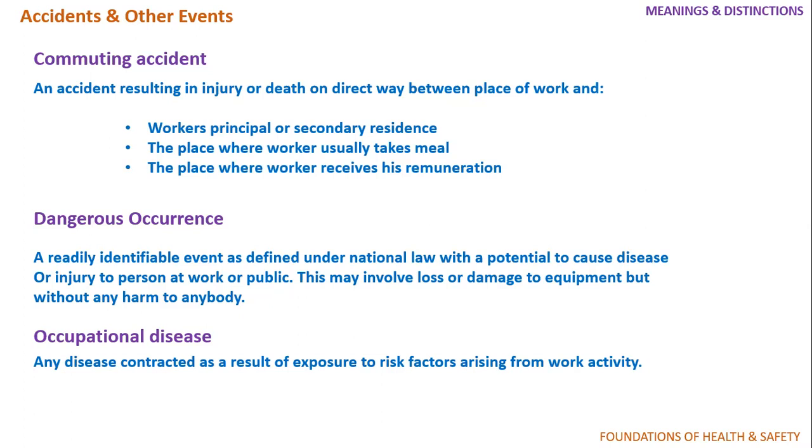The most important thing is that it is already defined in national law and it is an easily identifiable event which may cause disease or injury to a person at work or the public. It may involve damage to equipment or loss, but without any harm to a person.